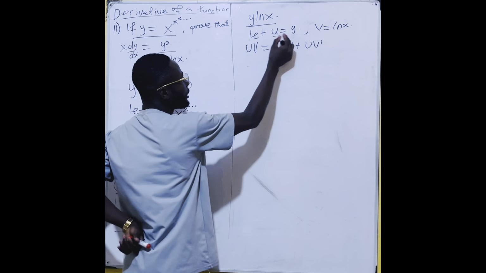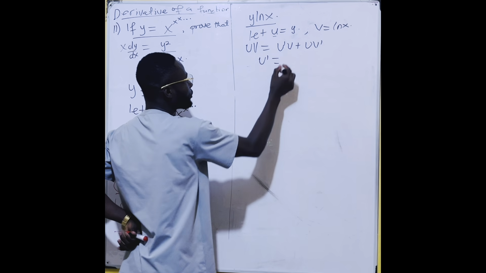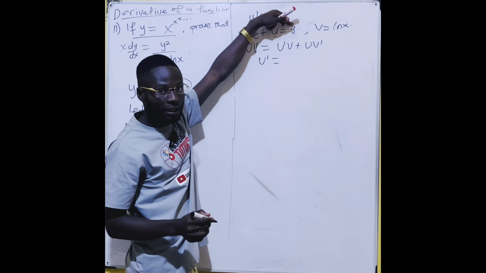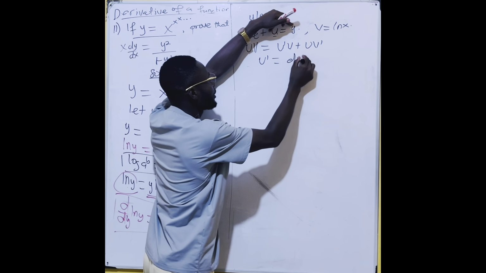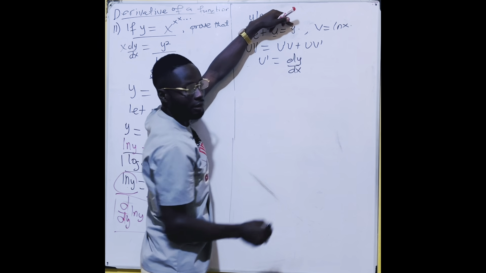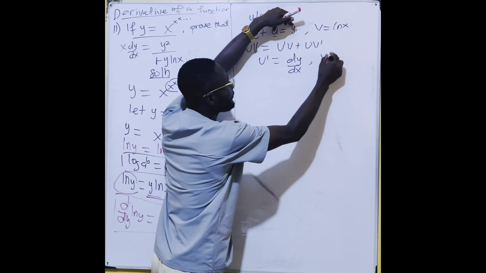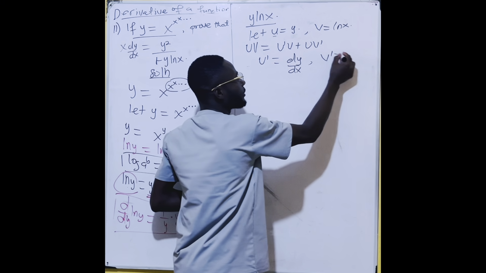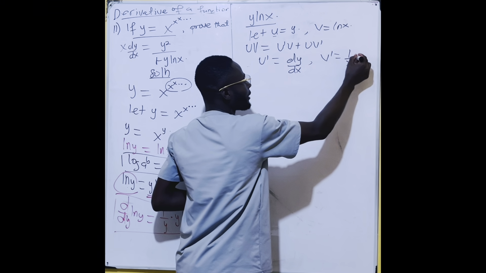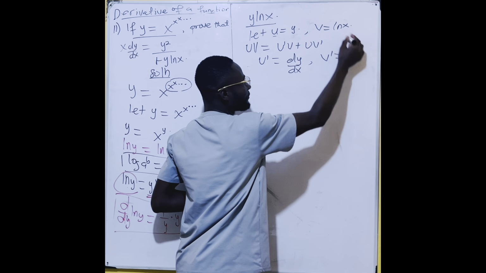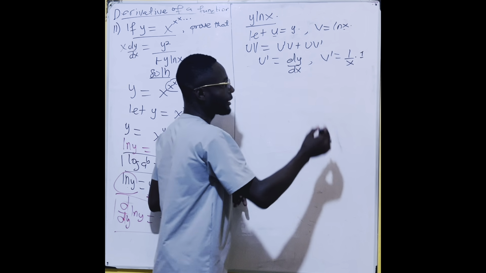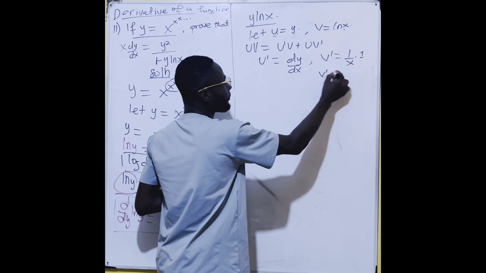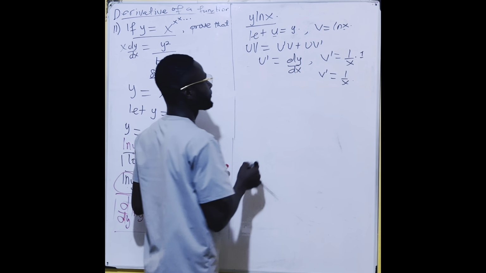So we need u prime, which will be equal to the derivative of y, which is going to be dy/dx. Then we need v prime. The derivative of ln x is 1 over x times the derivative of x, which is 1. So basically, v prime is 1 over x.